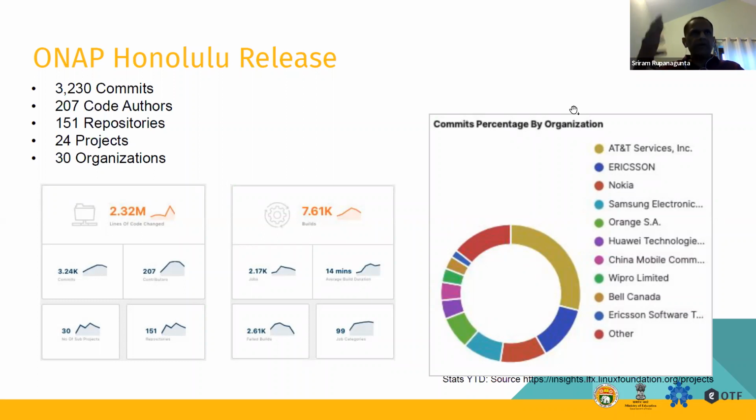Just to give a flavor, 30 organizations, 24 projects, 151 Git repositories, 207 authors, and roughly 3,000 commits. It's a very vibrant, very active community. And in terms of the percentages, these are some of the companies that are the active contributors.